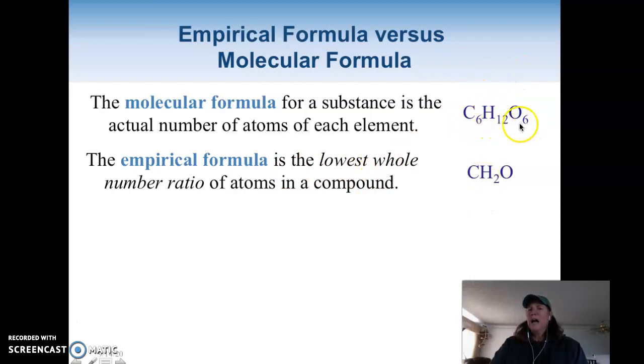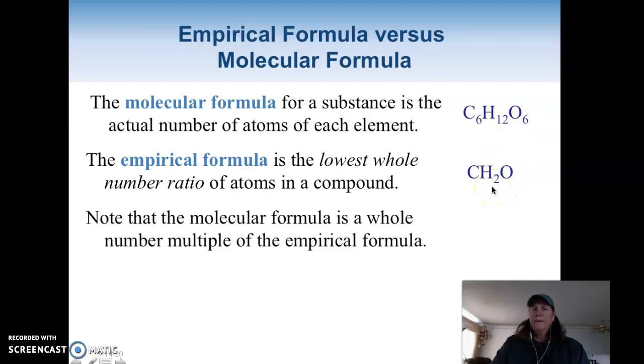In this case, I would divide them all by 6 and get this. Note that the molecular formula is a multiple. I can put in parentheses and put 6 and I'd get C6H12O6. Or you can just write it like this. Either or, it doesn't matter. But again, empirical formula is the simplest formula. Molecular formula is the actual formula.